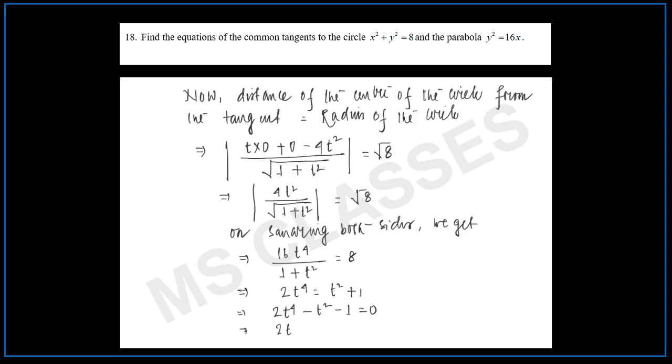Now 2t to the power of 4 minus 2t square plus t square minus 1 equal to 0. Now if we simplify this, we get 2t square into t square minus 1 plus 1 into t square minus 1 equal to 0. Now (2t square plus 1) into (t square minus 1) equal to 0.